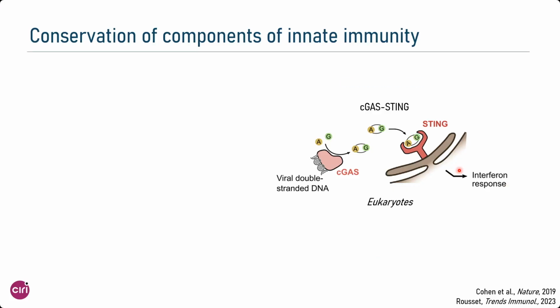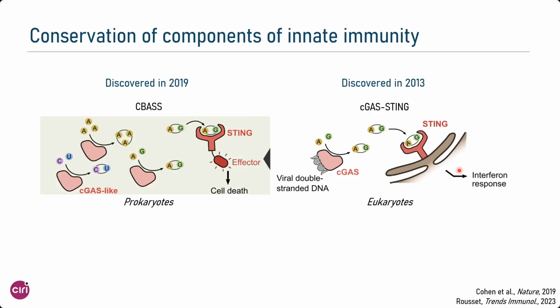And actually, cGAS-STING was discovered in 2013. And based on this defense system that we have in humans, a defense system called CBASS was later discovered in 2019. And CBASS encompasses very similar components because there are cGAS-like enzymes in bacteria that can similarly produce signaling molecules. And these signaling molecules can bind to a receptor domain. But this time, this receptor domain is directly fused to an effector domain that will trigger cell death.